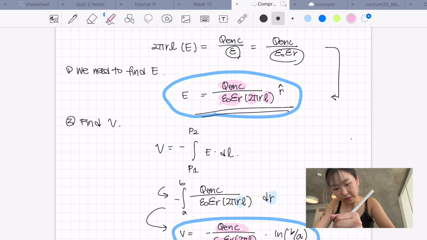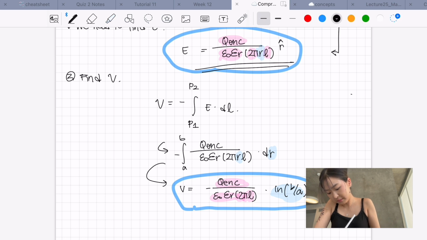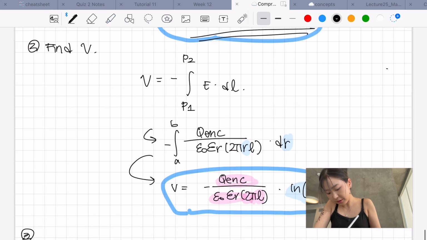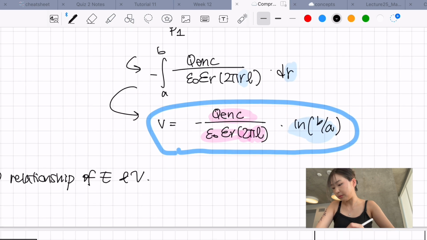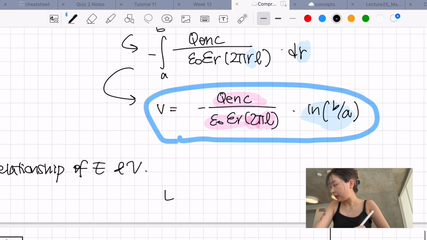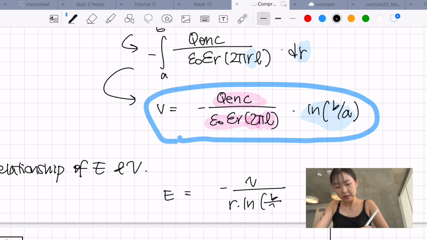The only thing different is the R's and the ln of B over A. If you rearrange this, we'll have the relationship between E and V. This is going to equal E is equal to negative V over R ln of B over A in the R direction.